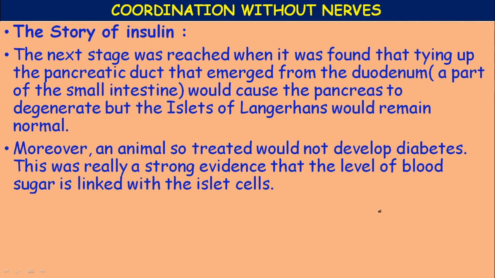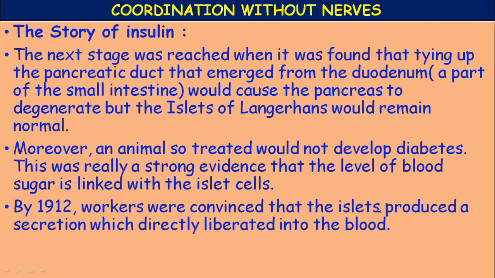Moreover, an animal so treated would not develop diabetes. Okay, when the pancreas is totally removed, the animal develops diabetes, but when only the pancreatic duct is tied, the animal would not develop diabetes. This was really strong evidence that the level of blood sugar is linked with the islet cells of the pancreas.